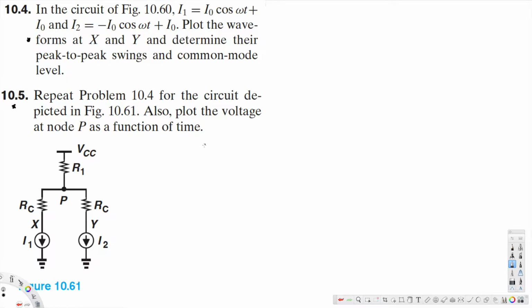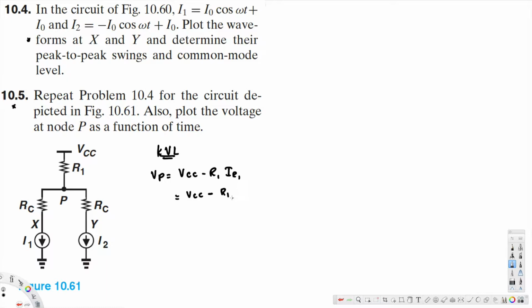Now let's go ahead and do that. If I apply KVL here, VP is going to be equal to VCC minus R1 times IR1. IR1 is going to be I1 plus I2, because according to KCL, whatever current is entering must be the current exiting.